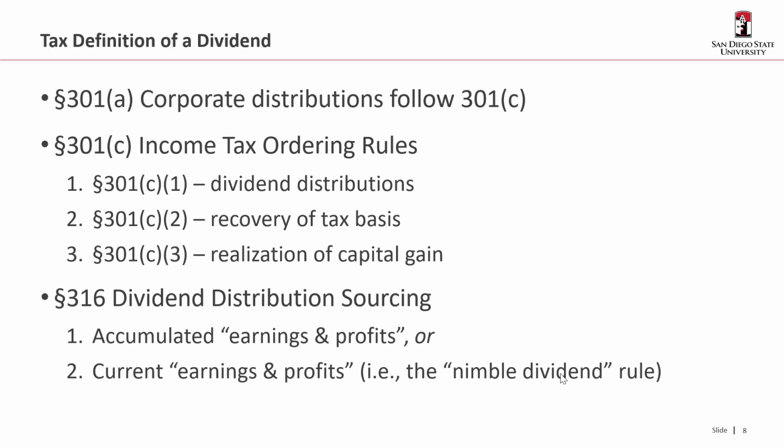Those are the earnings and profits that have been accumulated by the corporation up to the beginning of the tax year. And then there's current earnings and profits. And those are the earnings and profits earned during the current tax year. And what happens is distributions can come out of current earnings and profits, and we'll see why that's called the nimble dividend rule in a second.